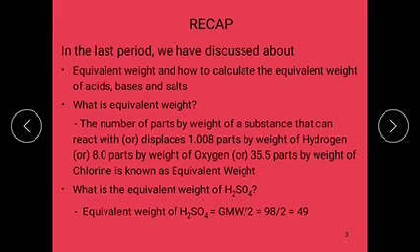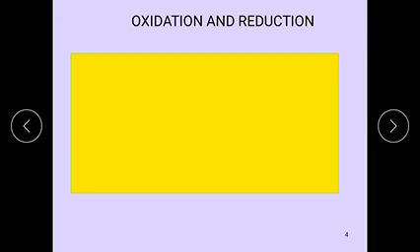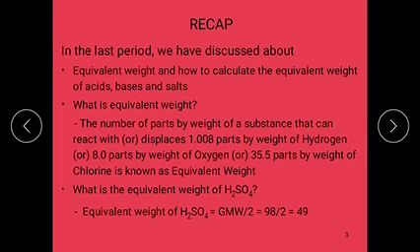Then the equivalent weight of H2SO4 is equal to the gram molecular weight of H2SO4 divided by its basicity, that is 98 gram per mole divided by 2. 2 is the basicity of H2SO4, so it equals 49. Next, we have already learned the different concepts of different elements.